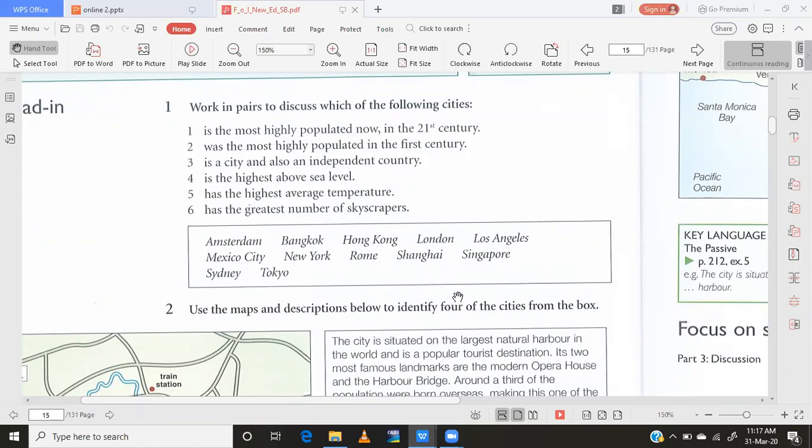Number 2, which of the following cities was the most highly populated in the 1st century? The correct answer is Rome. Population was 1 million. Number 3, which of the following cities is a city and also an independent country? It's Singapore. Number 4 is the highest above sea level.